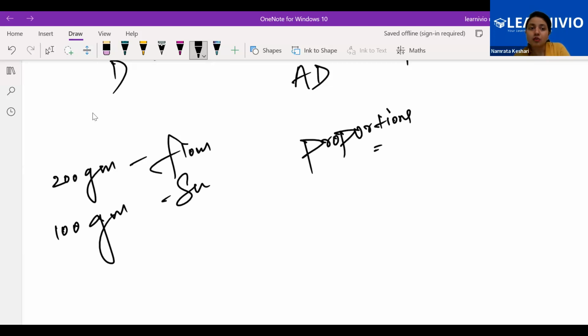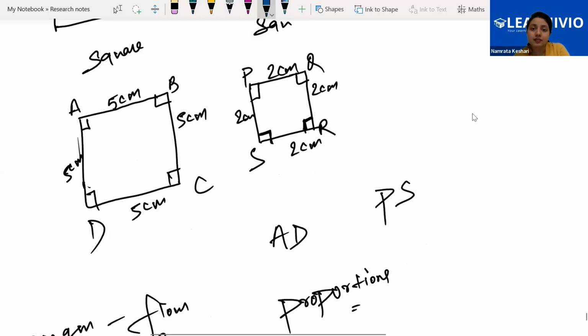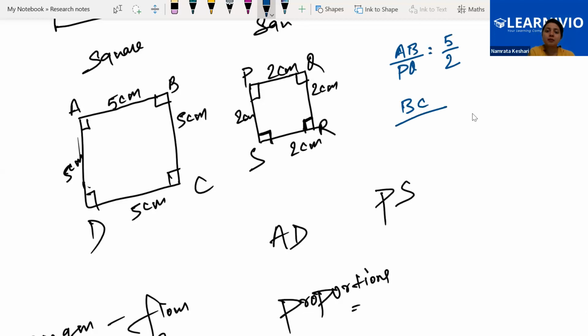So here also, when we are talking about similar figures, the ratio between the sides has to be the same. What is the meaning of that? AB by PQ is what? AB is 5 centimeter, PQ is 2 centimeter. Now check BC by QR.